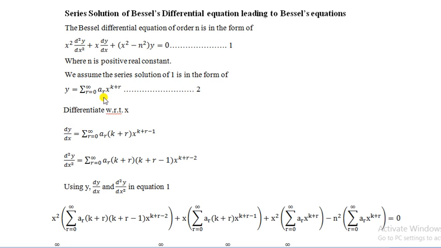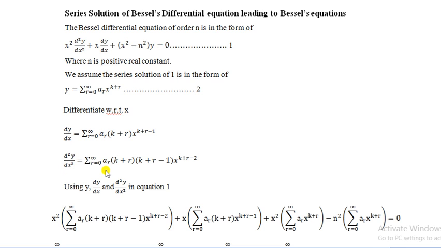So ar is constant. Differentiation of x raised to k plus r is k plus r into x raised to k plus r minus 1, which is the differentiation of x raised to k plus r. Now again differentiate dy by dx with respect to x, which gives the second order derivative d square y by dx square.